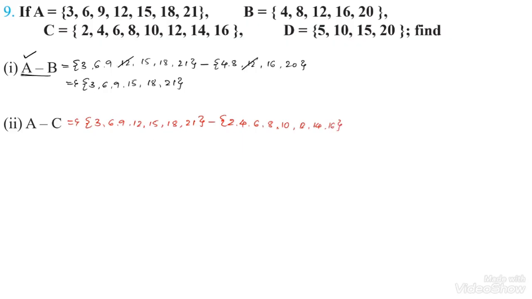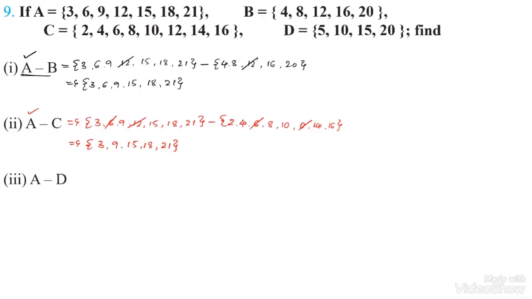What are the common elements between these two sets? 6, 6, I have to neglect. 12, 12. Now I have to write the elements of A only. That is 3, 9, 15, 18, 21. This is the difference of sets.